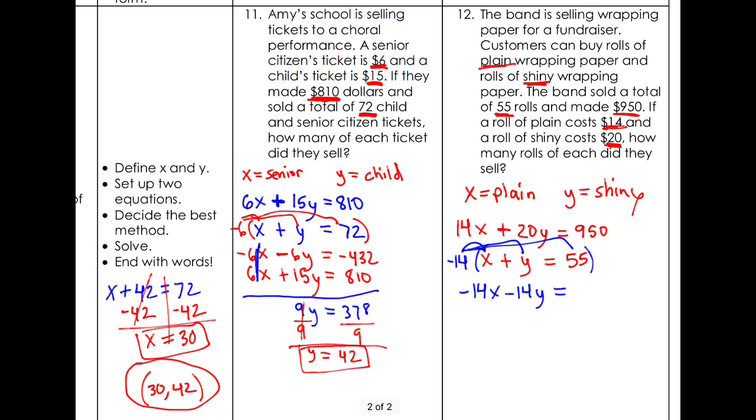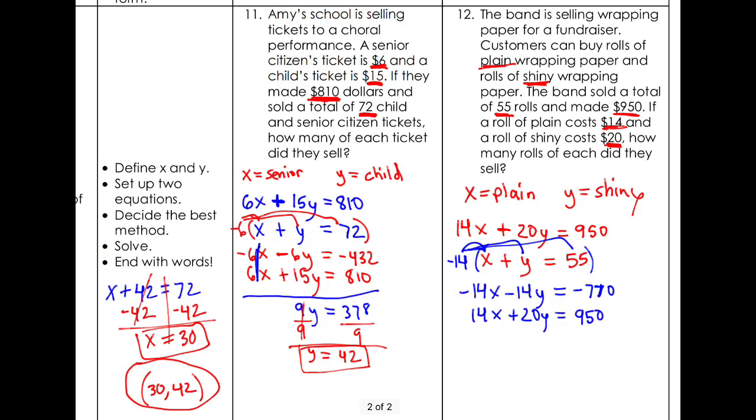I'm going to break the calculator out for that one, folks. 55 times negative 14 is negative 770. Okay, so let's bring down the other equation next to it. So we have 14x plus 20y equals 950.